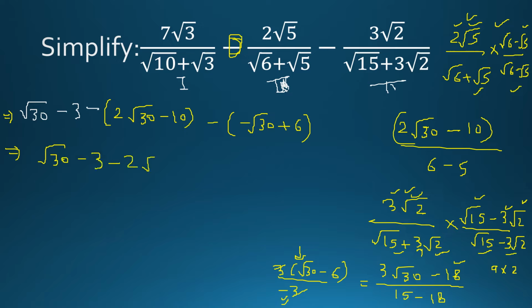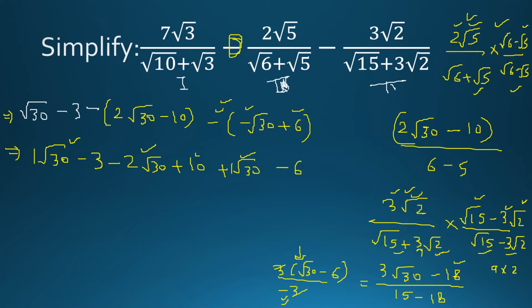Minus 2 root 30, minus minus plus 10, minus minus plus root 30, then minus plus minus 6. So you can see root 30 and root 30. If you add, only coefficients get added. So it is 1 root 30, it is 1 root 30. 2 root 30 minus 2 root 30, 0.